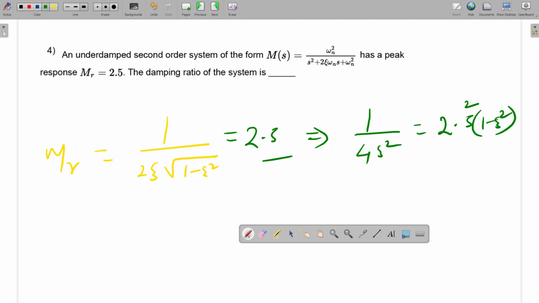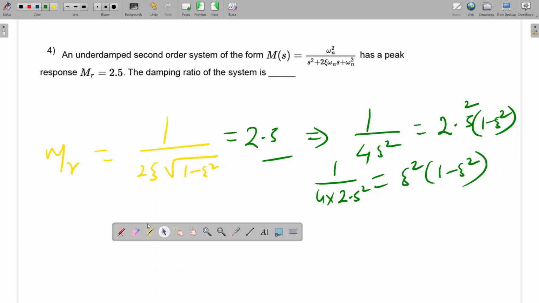So, one second. What will be the equation now? So 1 by 4 into 2.5 square is equal to zeta square into 1 minus zeta square. So zeta to the power 4 will come. We have to solve this equation.